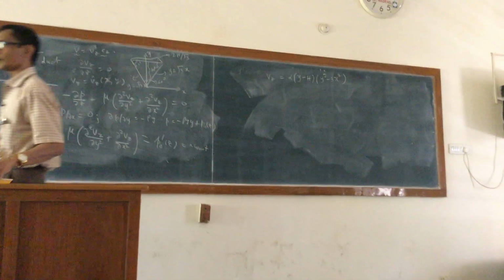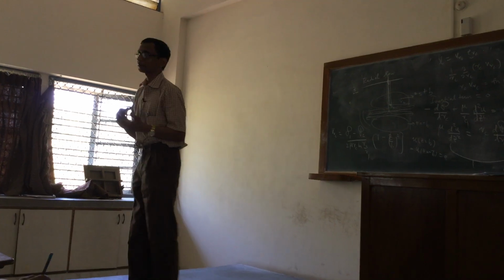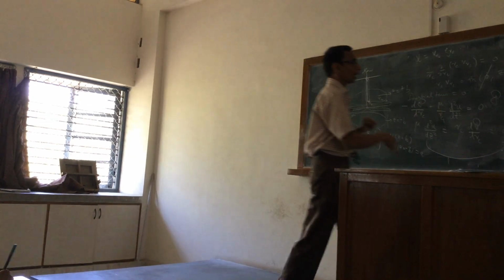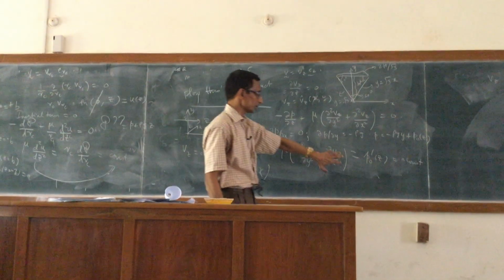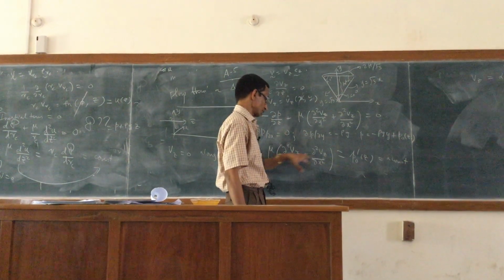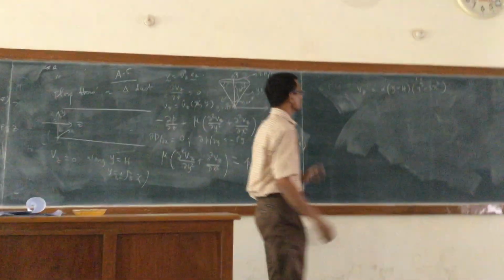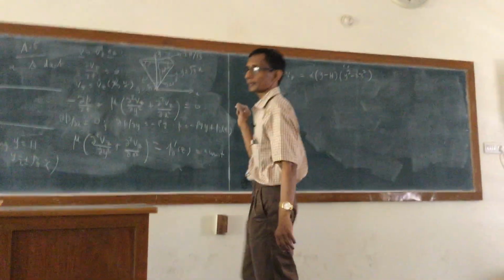This you can propose as a plausible solution that satisfies the boundary condition, right? But there is no guarantee that it should satisfy the equation. However, if you substitute it into this equation, mu times d squared Vz by dy squared plus d squared Vz by dx squared, you will actually find that that is a constant.